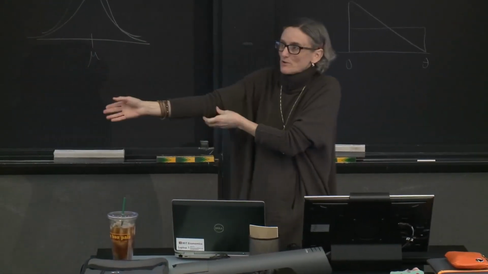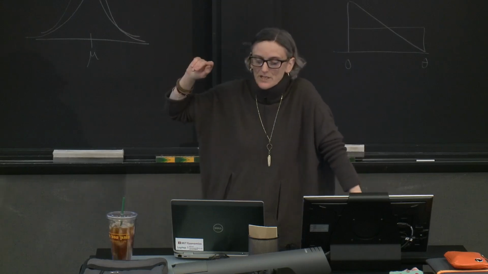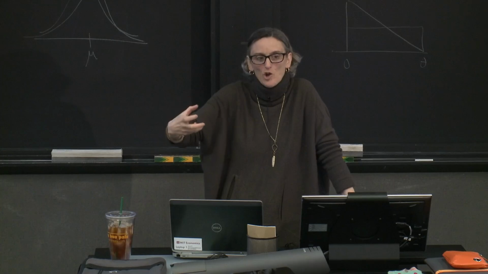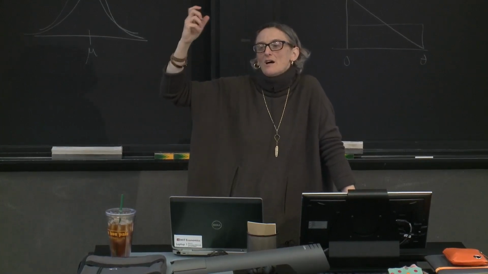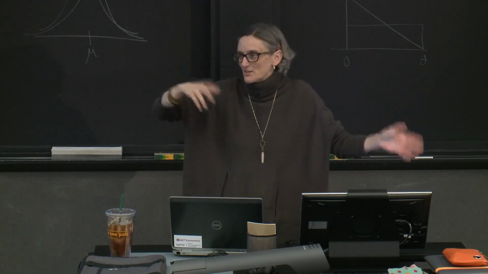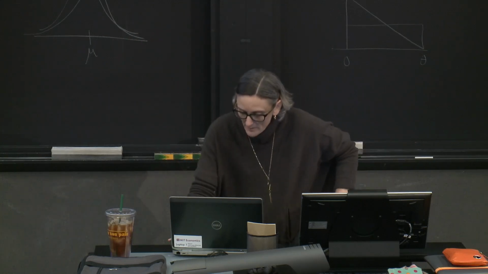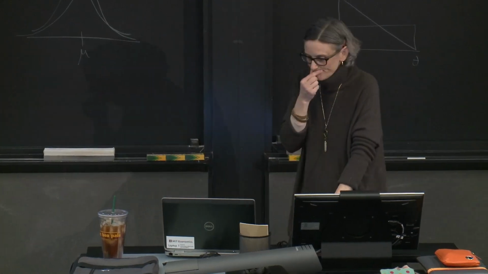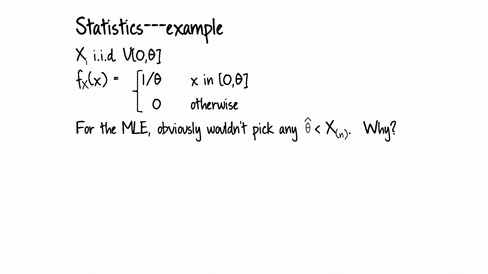Okay, so I said we'll do a couple of examples, but I'm going to do ones that don't involve the standard approach of taking the log of the likelihood function, taking the derivative with respect to theta, setting the derivative equal to 0, et cetera. I'm going to do some non-standard examples instead. So, back to the uniform 0 theta example.